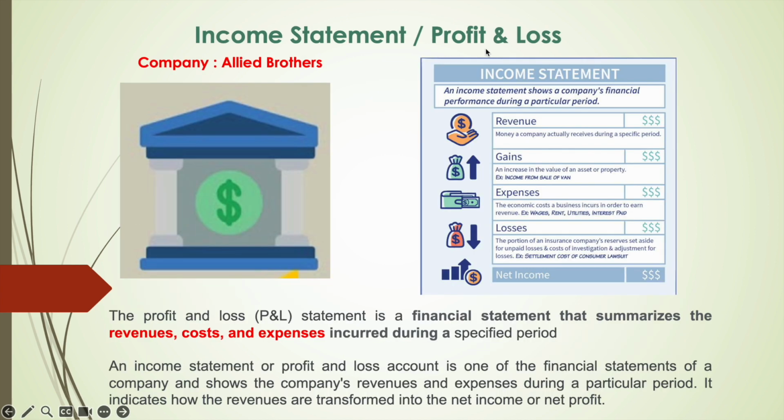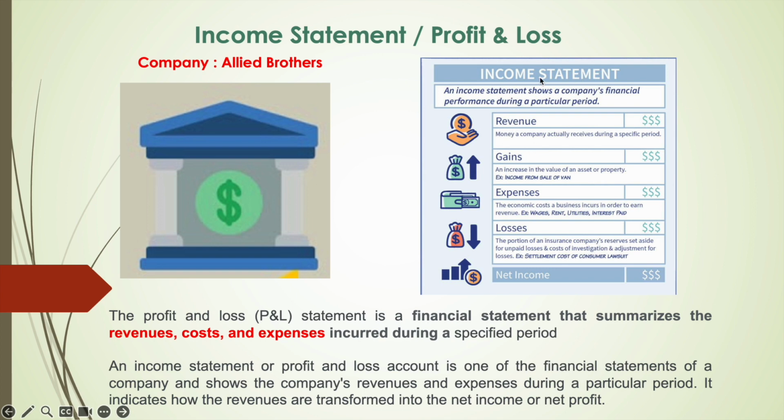An income statement, also known as a profit and loss statement or P&L statement, is one of the three primary financial statements used to assess the financial performance of a company over a specific period of time, typically a quarter or fiscal year. The other two primary financial statements are the balance sheet and the cash flow statement.